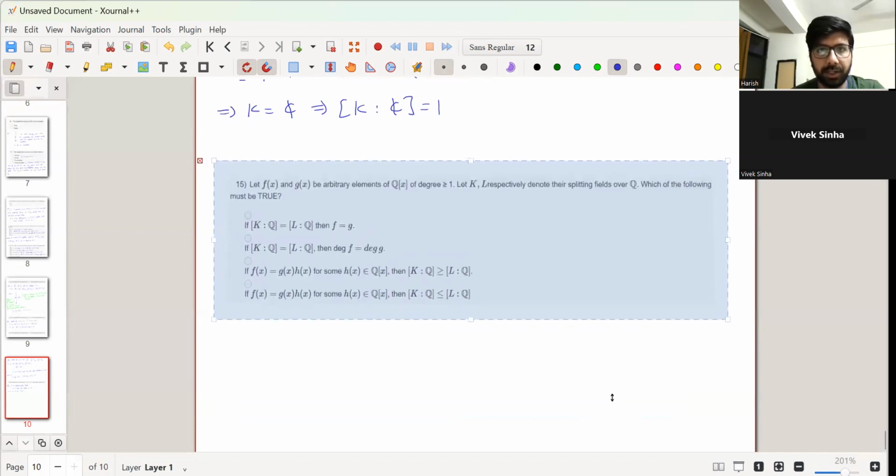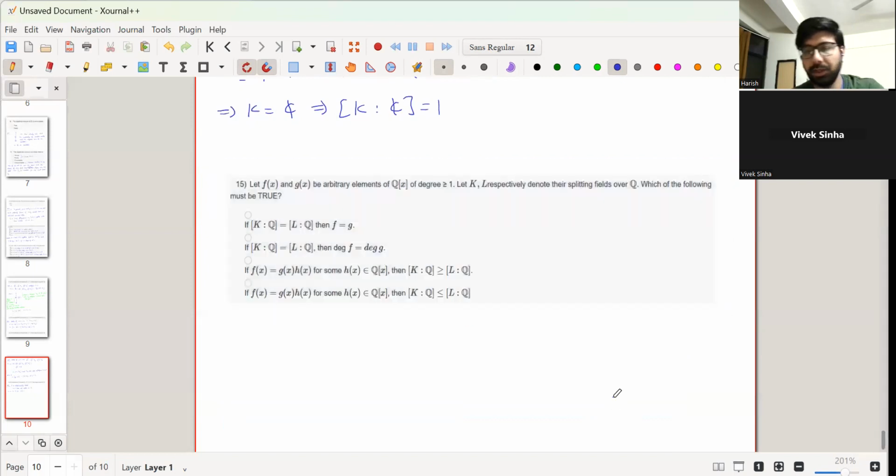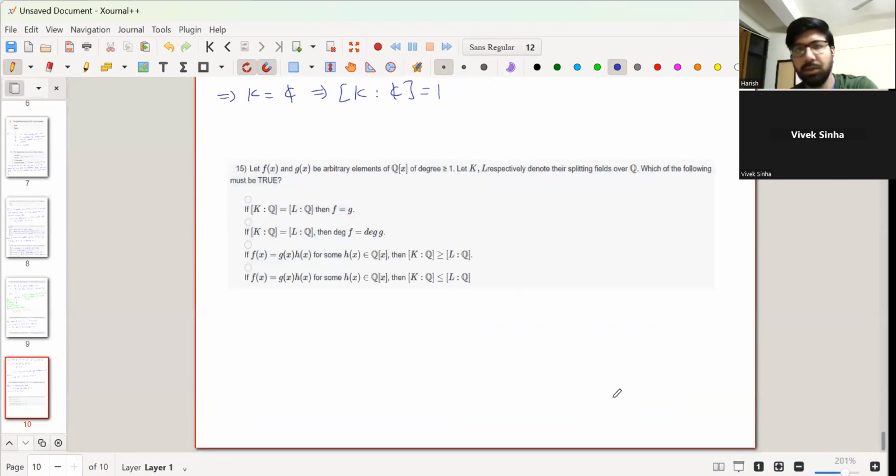Let K, L respectively denote their splitting fields over Q. Which of the following must be true? So, solution, let me just give them some names: A, B, C, and D.